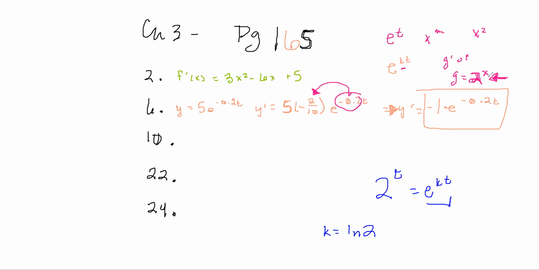So the derivative of 2 to the x is going to end up being ln 2 times 2 to the x, or ln 2 times e to the ln 2 x, because these are the same. Cool. Okay. Let me get rid of some of this stuff.